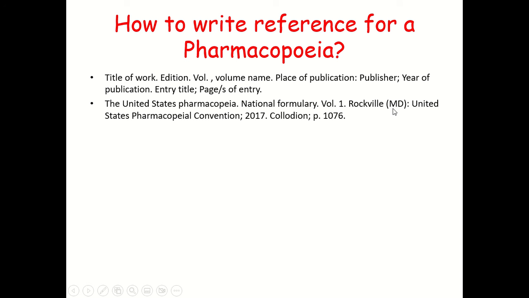The place of publication is Rockville, United States Pharmacopeial Convention, which is the publisher. Then you will write the year of publication 2017, the entry title, meaning what you have referred to on this page, that is Collodion, and then the page number, that is 1076.